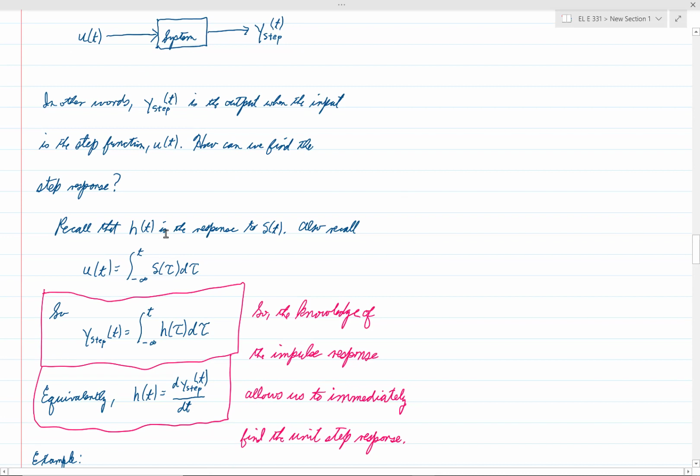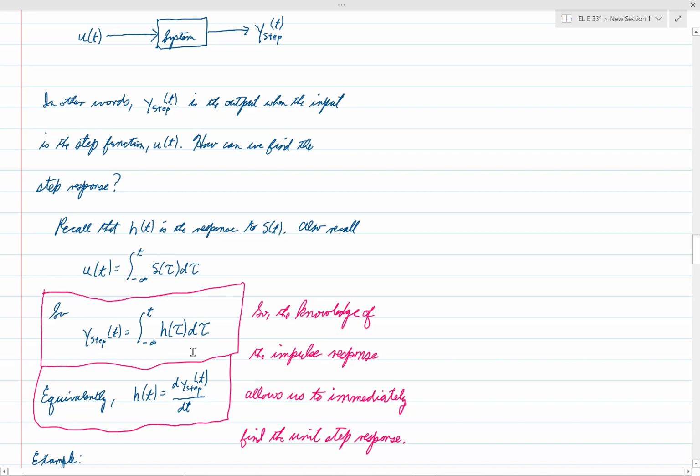Remember now that h of t is the response to delta of t. And also recall that we learned that the unit step function is the integral of delta of t. So if the unit step is the integral of delta of t, then the response to the unit step is the integral of the response to delta of t.